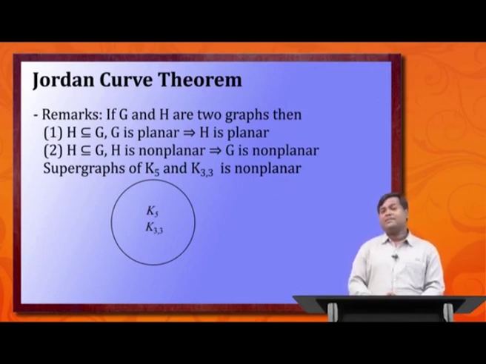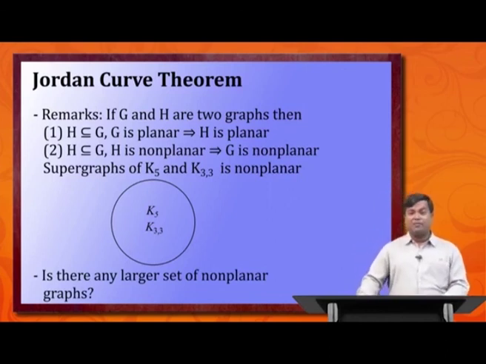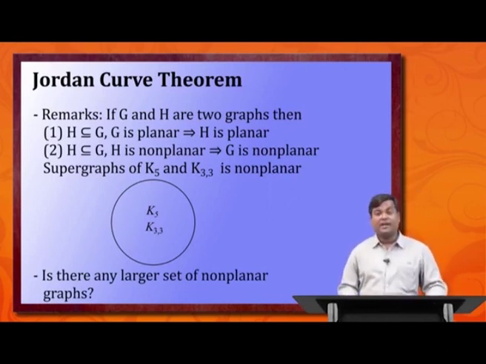Now, we have seen all these elements inside this Venn diagram are basically supergraphs of K5 and K33, and since K5 and K33 are non-planar, we have proven that this entire set is also non-planar. Now the question is, is there any larger set of non-planar graphs? So is there any other graph which is non-planar even if it is not a supergraph of K5 and K33? That is the question, and that we need to answer in the remaining slides.